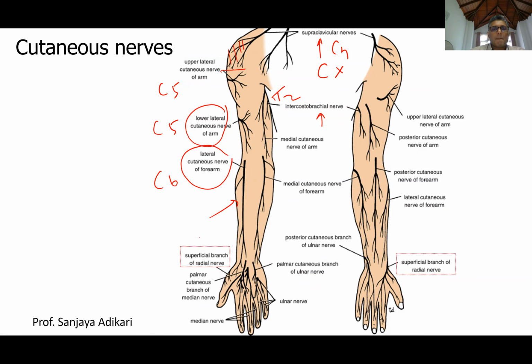Then the superficial branch of the radial nerve, as I said, will supply the dorsum of the hand, that area. And this is the posterior cutaneous branch or dorsal branch of the ulnar nerve, which supplies the ulnar side. Those are the important ones actually.